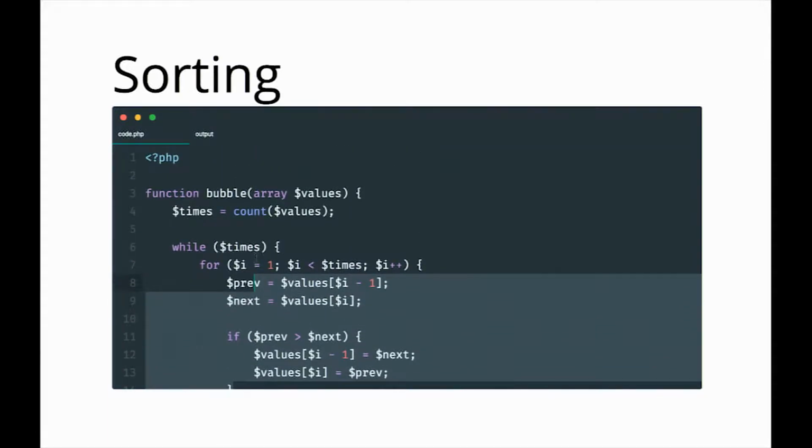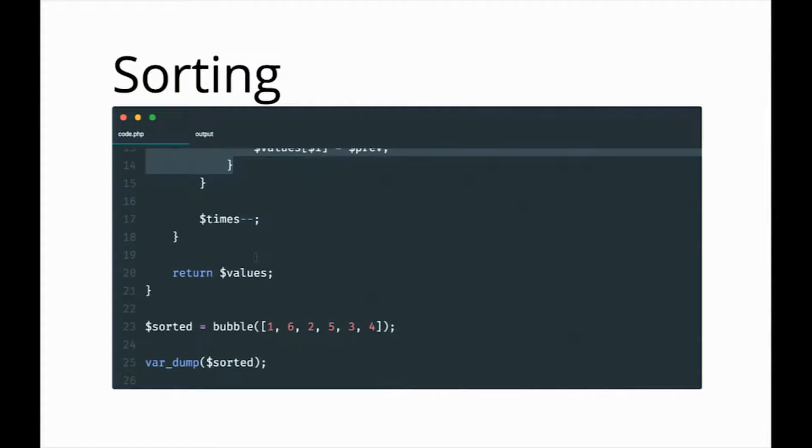Now, this is it implemented as a loop. It's probably not a typical example of generators. We call the function with an unsorted array, assign that result to sorted, and then we dump what that is.